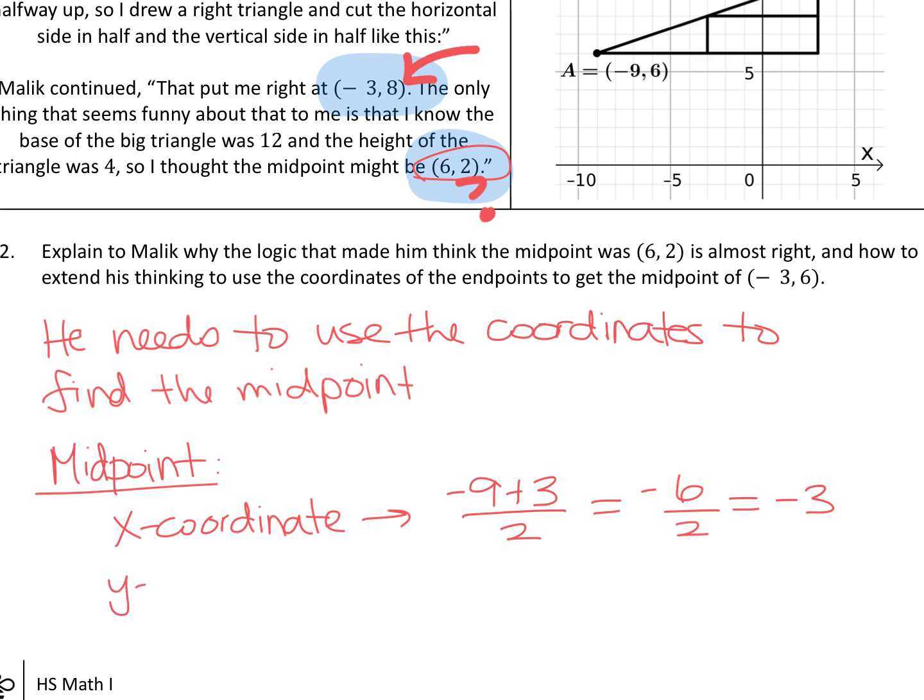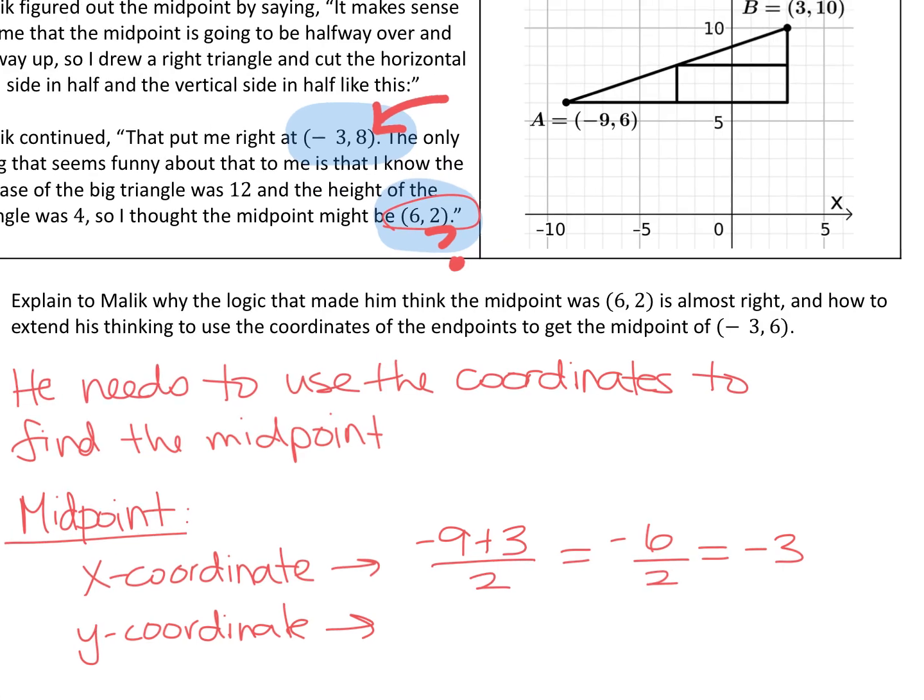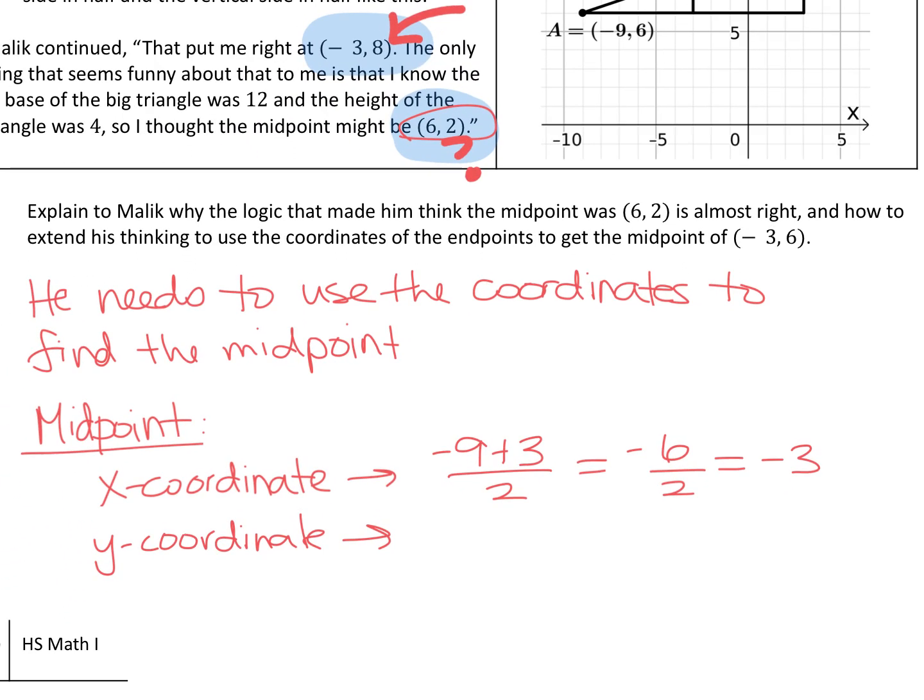And then our y coordinate, we're going to just follow the same logic. We're going to take our y coordinates, add them together, and split it in half. So we're going to do the 6 and the 10. So we're going to go 6 plus 10 divided by 2, because we're finding the midpoint, right, the halfway point. So that's going to be 16 divided by 2.